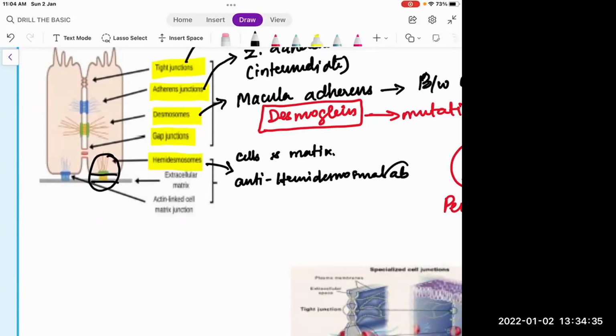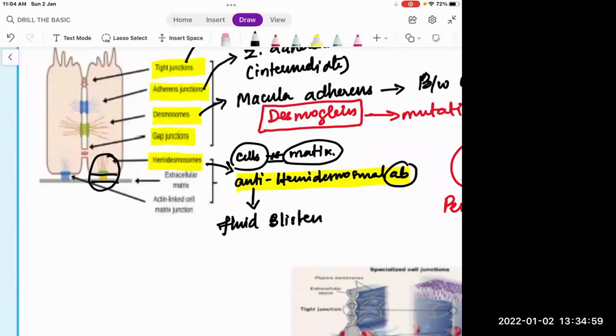So this is the junction between the cell and the extracellular matrix, where there is a fluid in between. So because of that, when there is a formation of these anti-hemidesmosomal antibodies, it results in fluid blisters, because it is the junction between the extracellular matrix and the cell where you will find the fluids in between both the junctions.